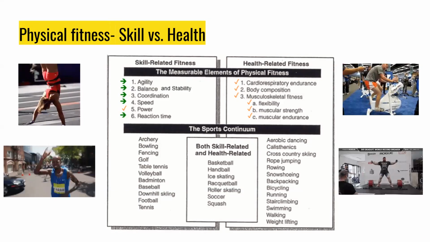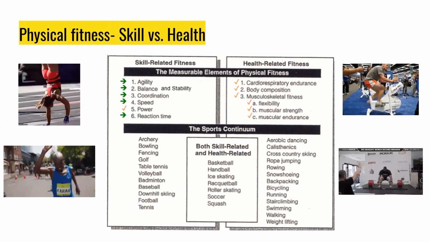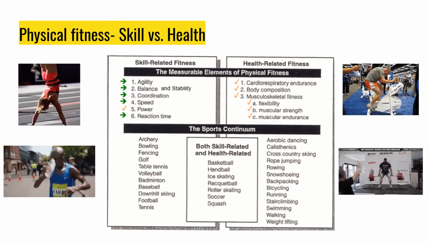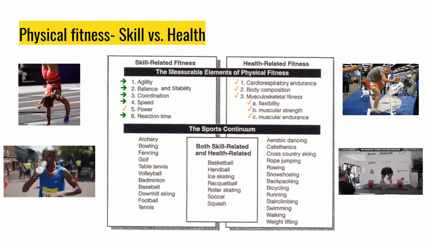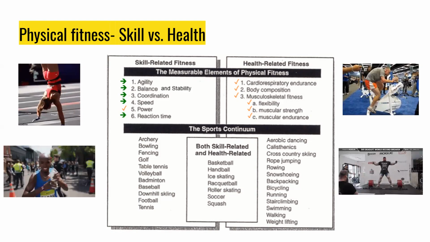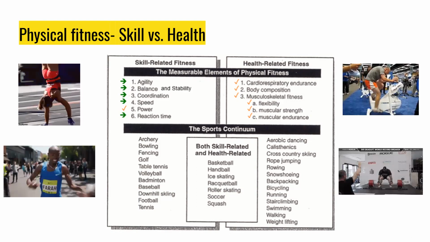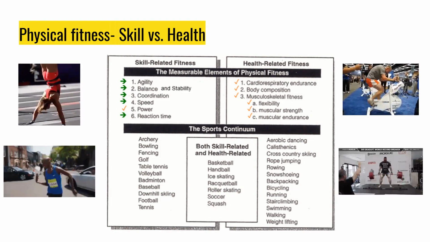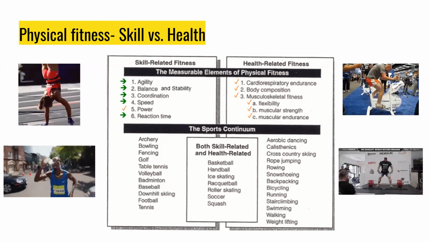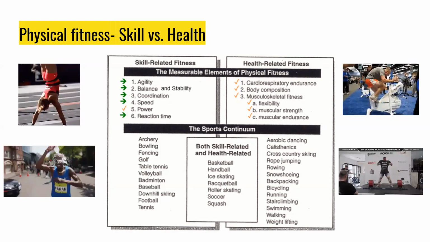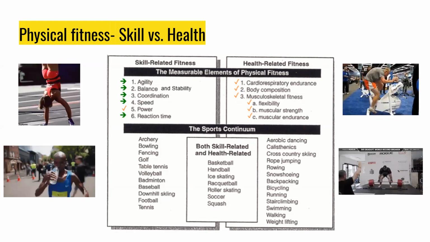Now that we were able to perform all the exercise tests, use the reference tables, and rate our lab partners', our clients' level of fitness for cardiovascular fitness, muscular fitness, and skill-related fitness like balance, stability, agility, speed, reaction time, we can take a look at those, see what the strengths and weaknesses of my client are, and use those to create my exercise program.